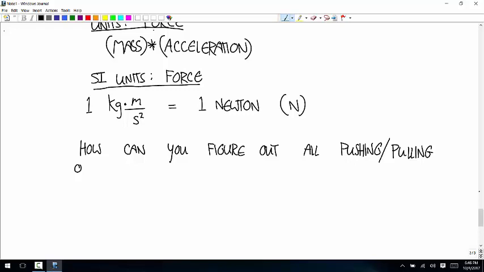Yes, I suppose you can. We're not going to have to deal with that. But I guess what you would do in that case, if it was really like one thing causing both of them, one's going one way, one's going the other way, you'd add those two vectors up and just take what the vector added to. Like if you pushed in one spot on an object with 100 newtons at the same time you were pulling on it with 100 newtons, that's just zero force, and that's what we'd call it.